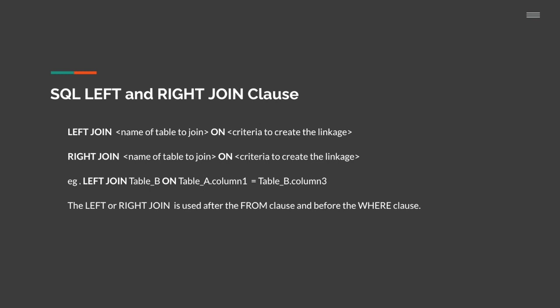The criteria in this example would be table A, column 1 should be equal to table B, column 3. What that means is that once the values present in column 1 in table A are equivalent to the value in column 3 of table B, those will be used to form the relationship to join the two tables together.